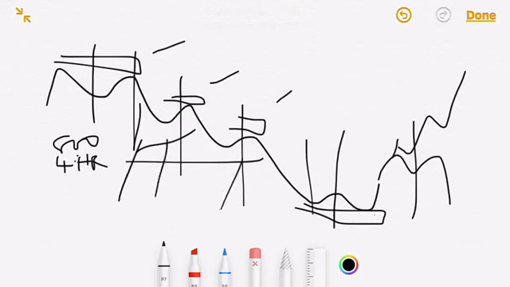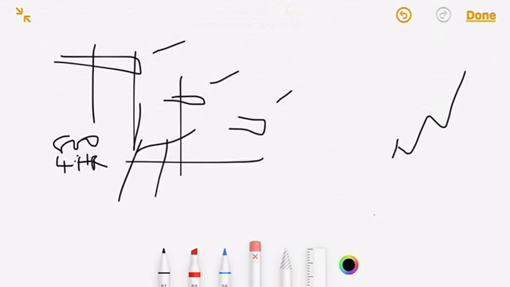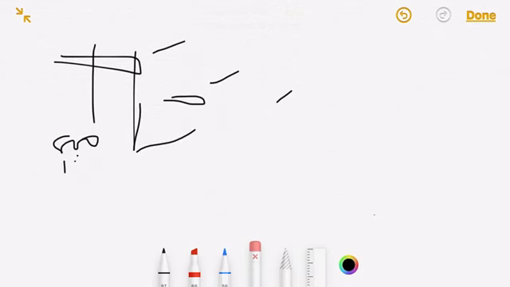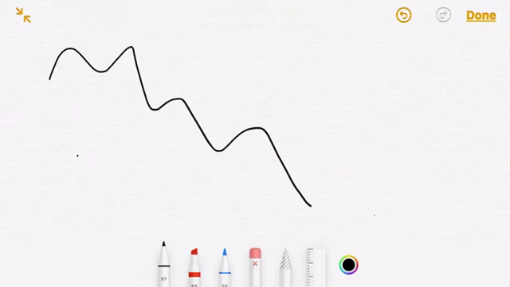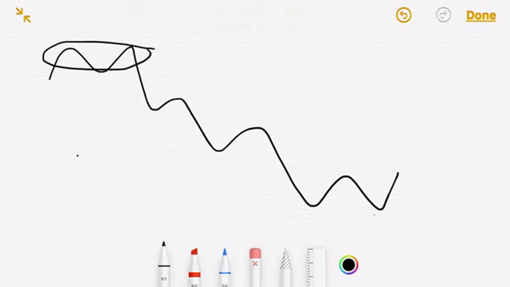So now that we know how to identify the peak formation, there are cases whereby you miss the peak formation.